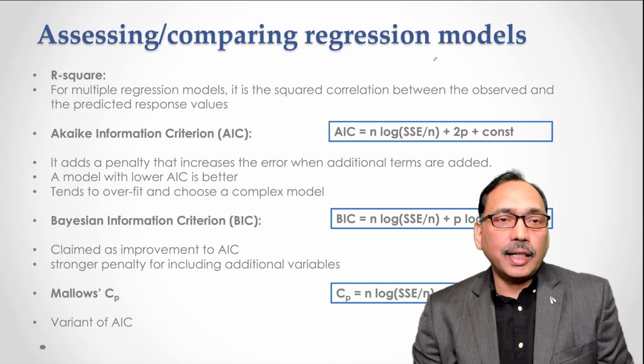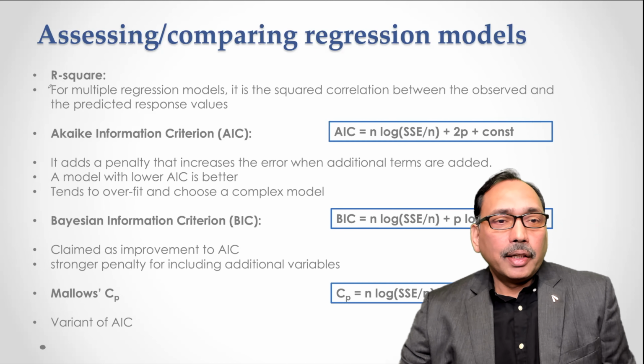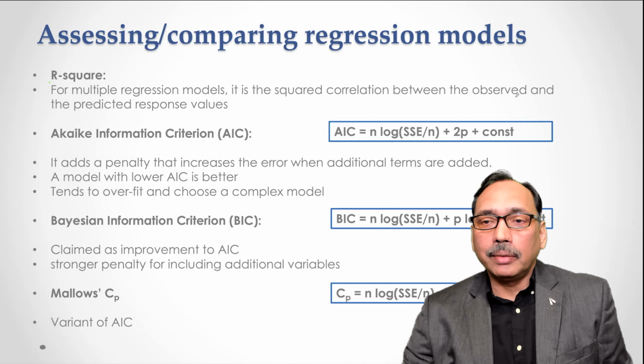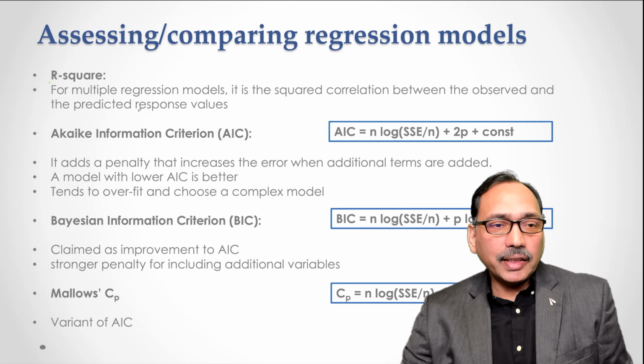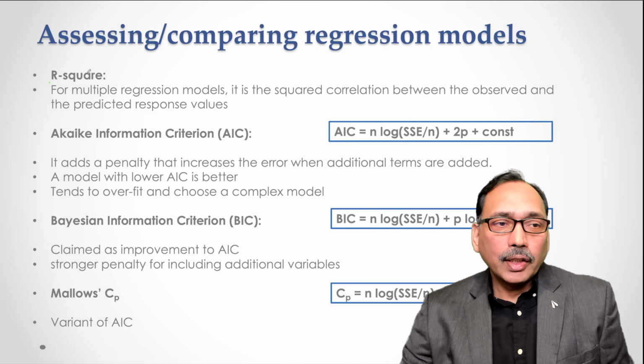For that, there are many metrics people use. R square is very common. I showed you in the beginning that if you find squared correlation between observed and predicted response value, that's what will give you R square.